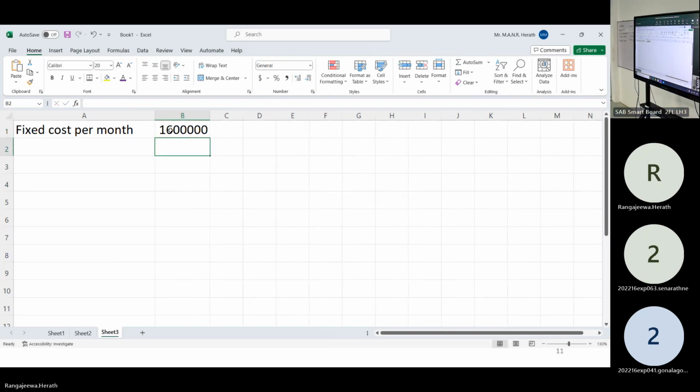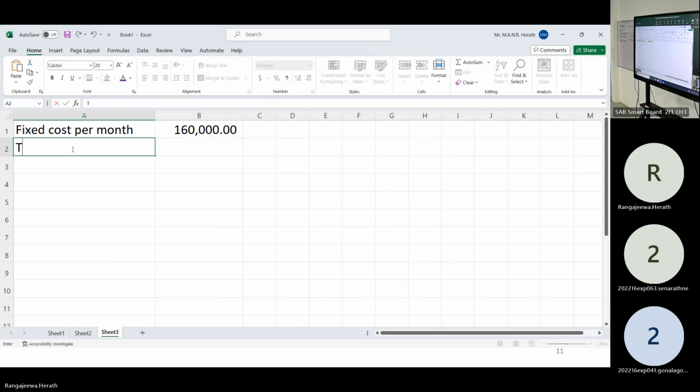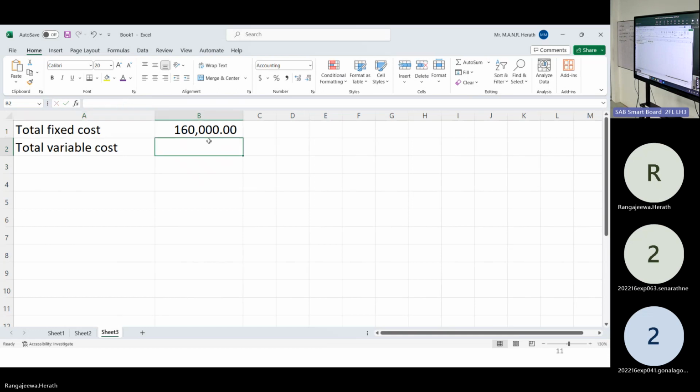So the total variable cost, right, so it is given for a month.